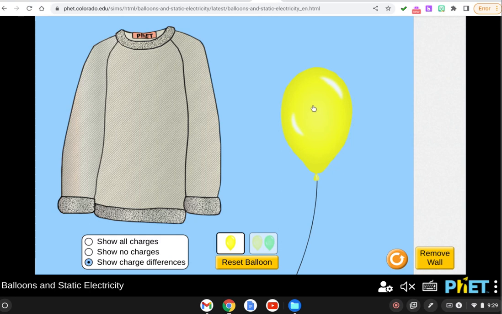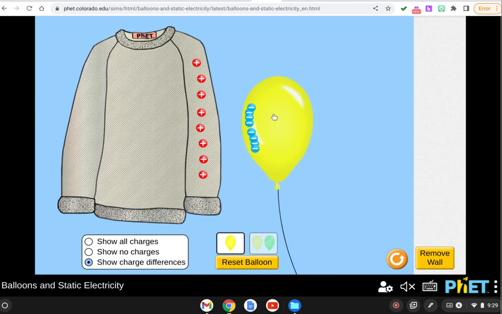Now I will rub this balloon here. Now see, electrons from the wool removed and stick with the balloon. So now balloon has negative charges because it has more negative charges. And now this wool has positive charges because number of positive charges are now extra. Is this clear now?